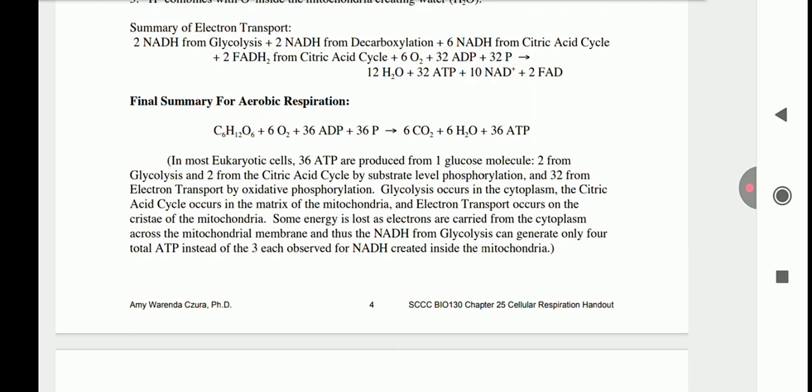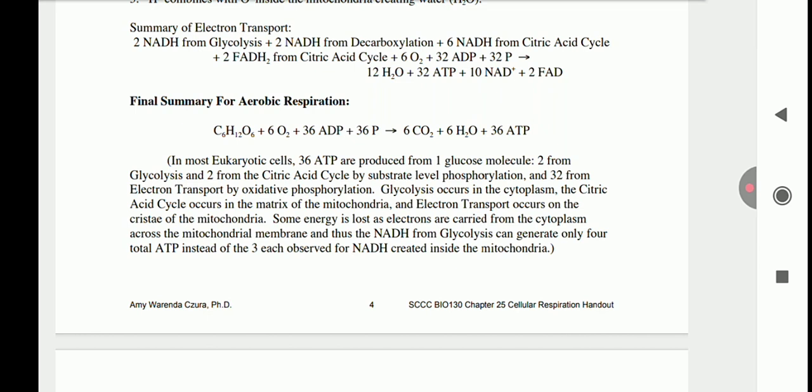In most cells, 36 ATP are produced from one glucose molecule: 2 from glycolysis and 2 from the citric acid cycle by substrate-level phosphorylation, and 32 from electron transport by oxidative phosphorylation.